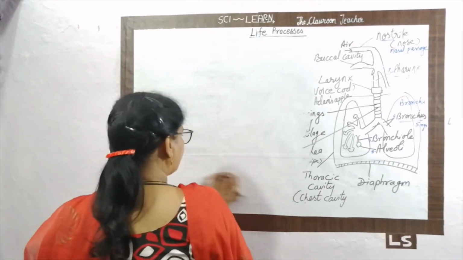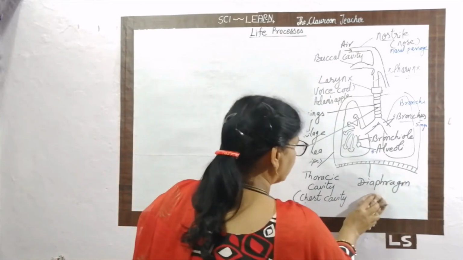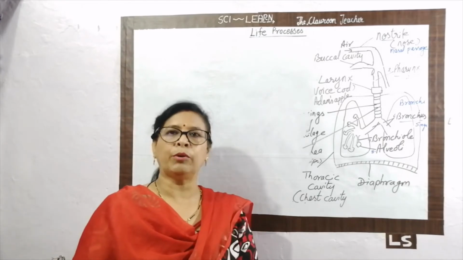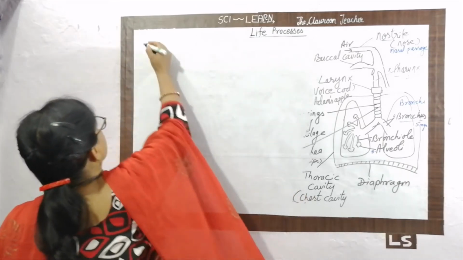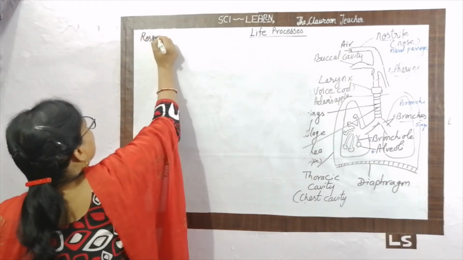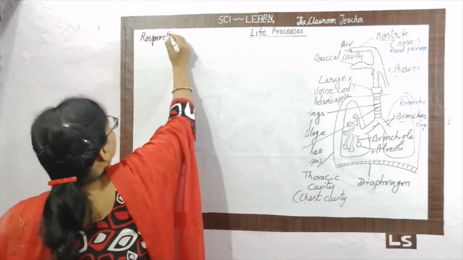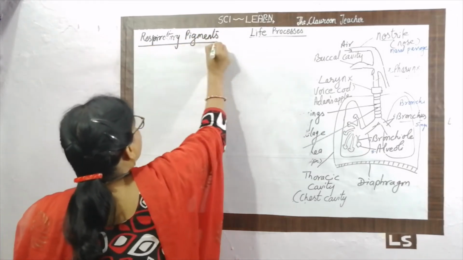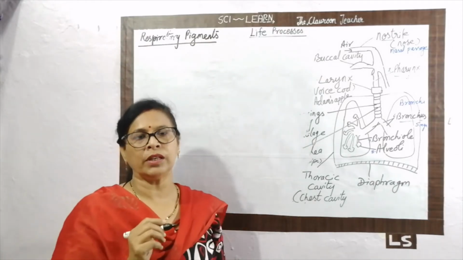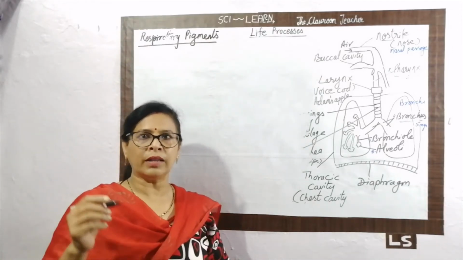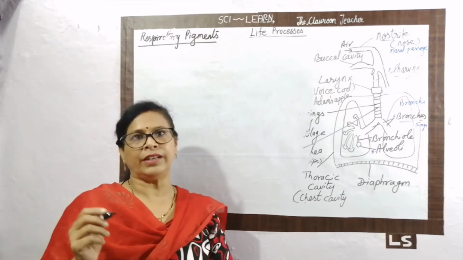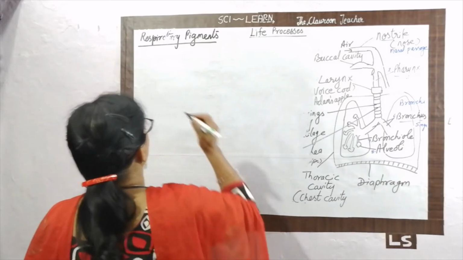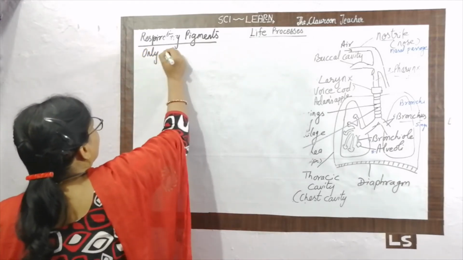But in our body, that is not sufficient. Diffusion is not the only mode for transporting the air inside the body. So in our body, we need some respiratory pigments. Why do we need respiratory pigments? Because diffusion alone does not provide all the amount of oxygen that we need.